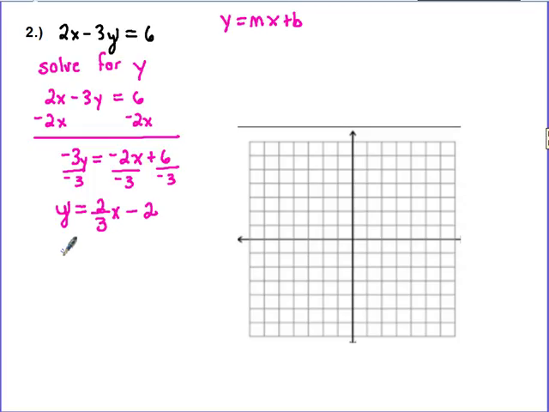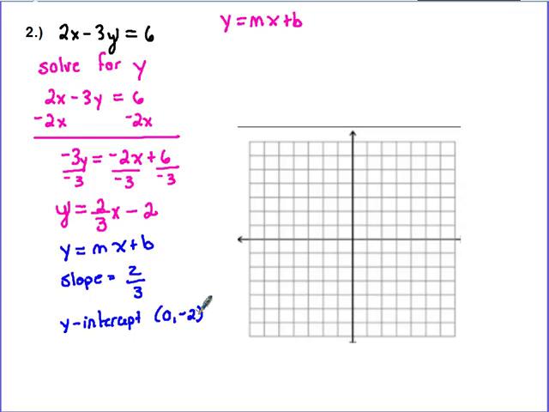So now my equation is in y equals mx plus b form. My slope is 2/3. My y-intercept is 0, negative 2. And I have what I need to graph my line.